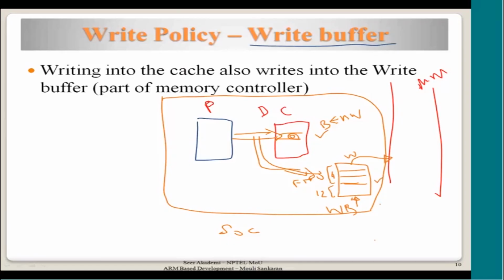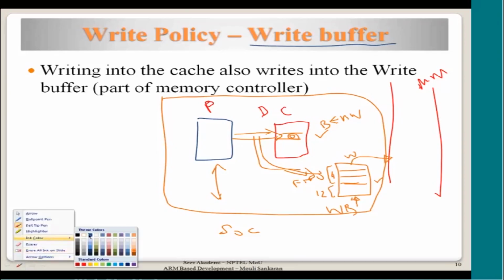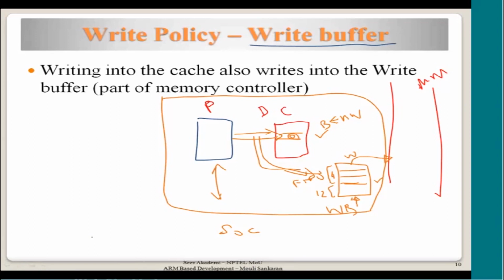Now what happens? After that, the processor continues with its execution. What was written into the write buffer, unless we maintain both the data as well as the address of the data write, it has to be there, both.